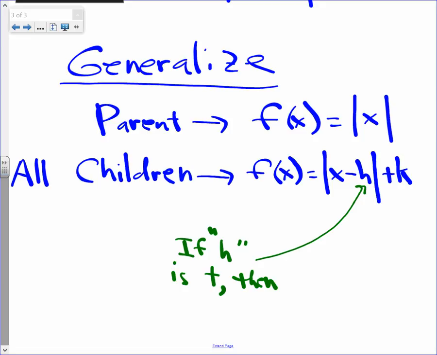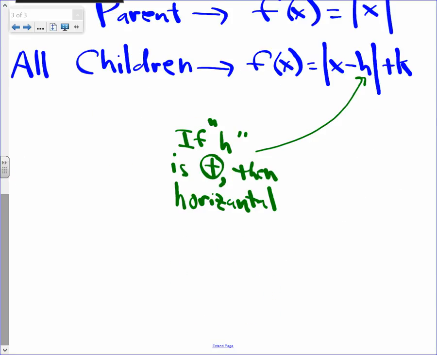It moved to the left. So if h is positive, then horizontal translation. Translation means sliding. Horizontal translation leftward.